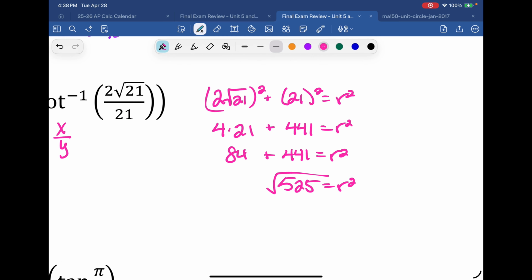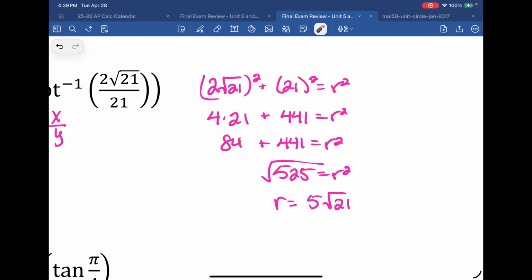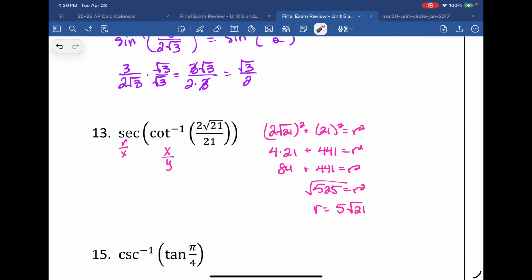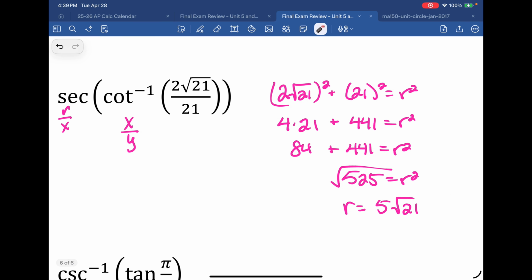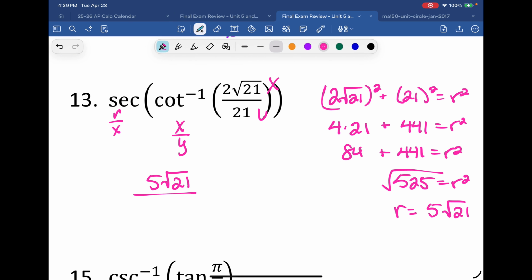Let me think. So simplify this correctly, and you get radius equals 5 root 21, which I kind of figured would happen because I have the root 21 there. Okay, so then secant is radius over x. We have the radius. We have the x. 21 cancels, so secant is 5/2.